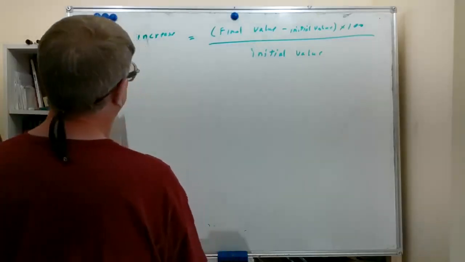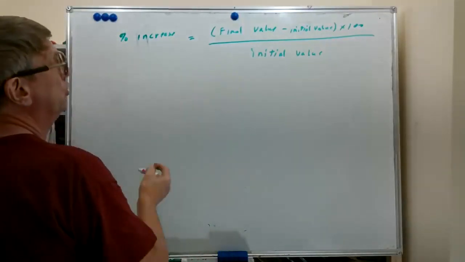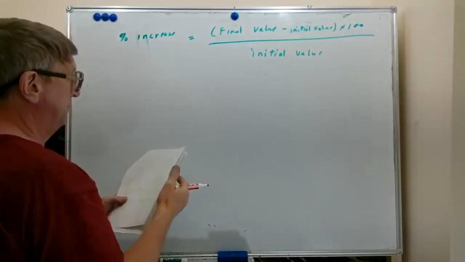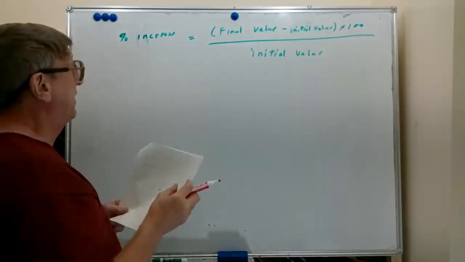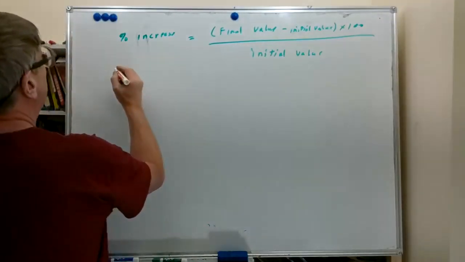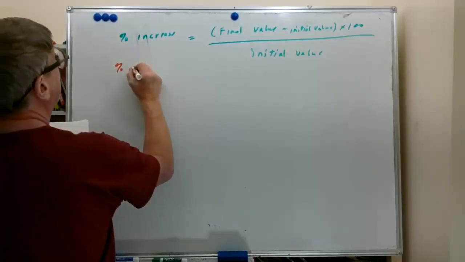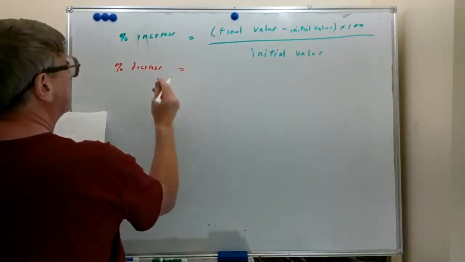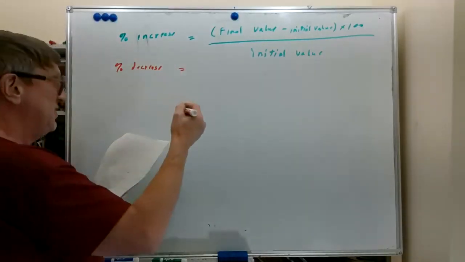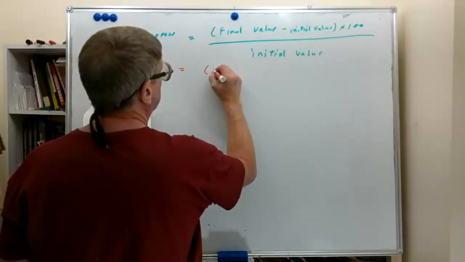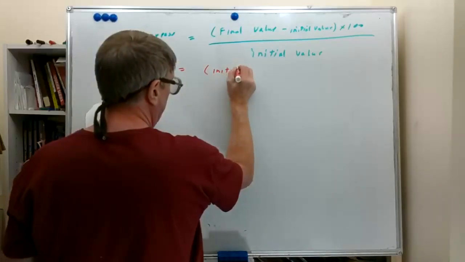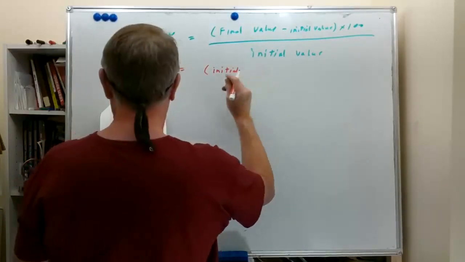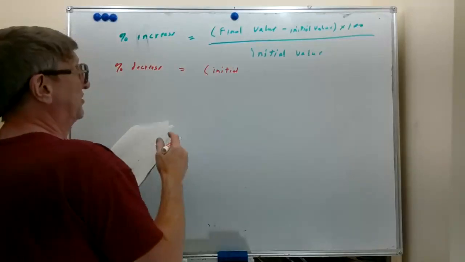Now we're going to do percent decrease. We're going to have these two formulas, which you can write in your notes, memorize if you so desire. Percent decrease, very similar. Only being we're decreasing, we're going to have the initial value minus the final value.